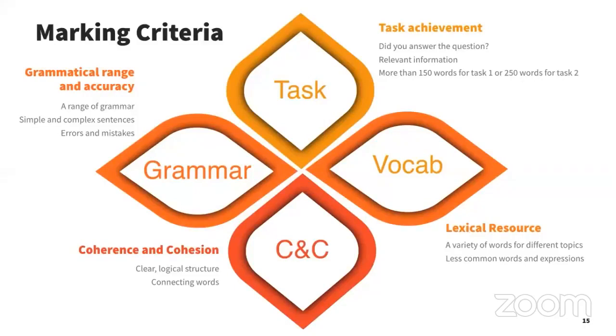They will also look at your grammar, obviously, and your vocabulary. So with your grammar, they look at your range and accuracy. So you want a range of grammar, which means some simple sentences, some complex sentences. And so, for example, you're not always using past simple.